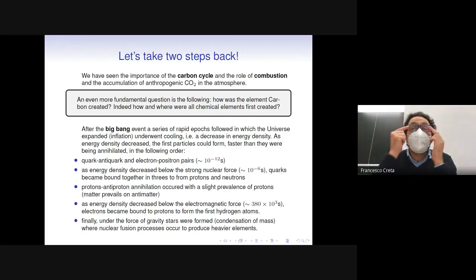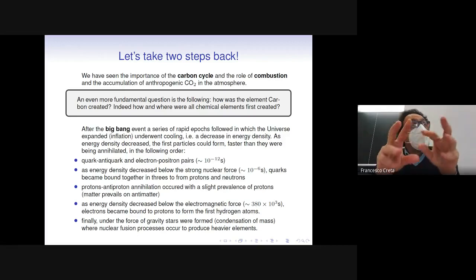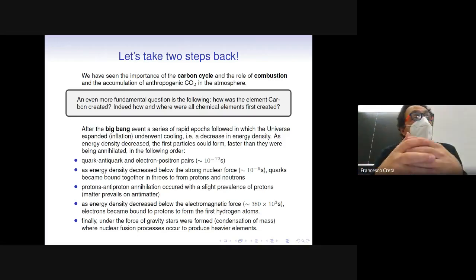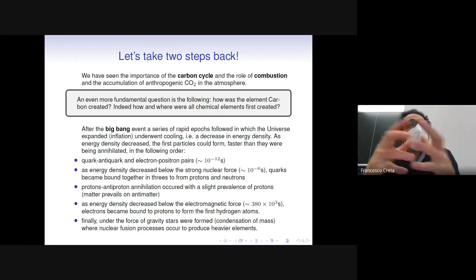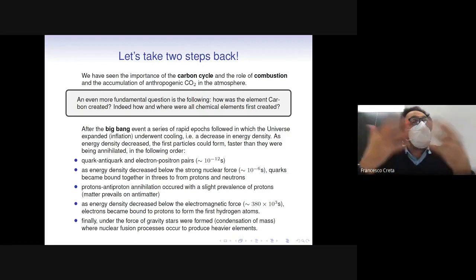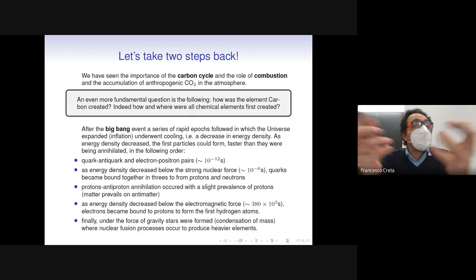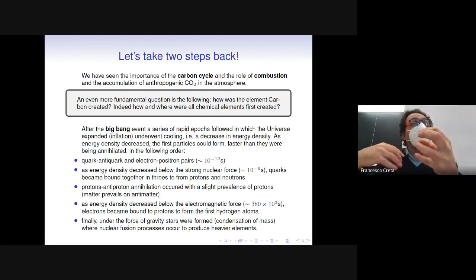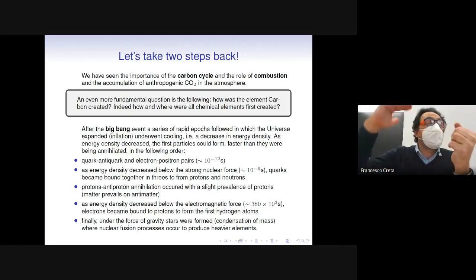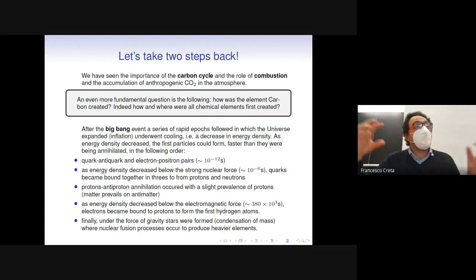So you see the formation of the first element is really intrinsically contained within the inflation period. A hydrogen atom is essentially a proton, which is a series of quarks, and then an electron. So as the energy decreases, you allow these things to come together and form this structure.